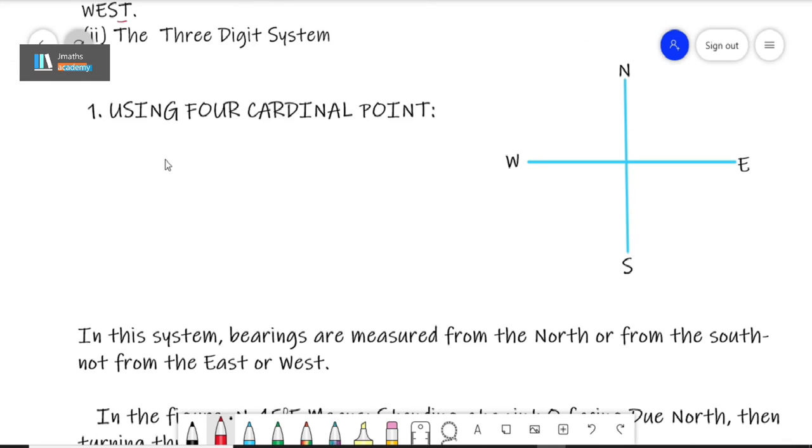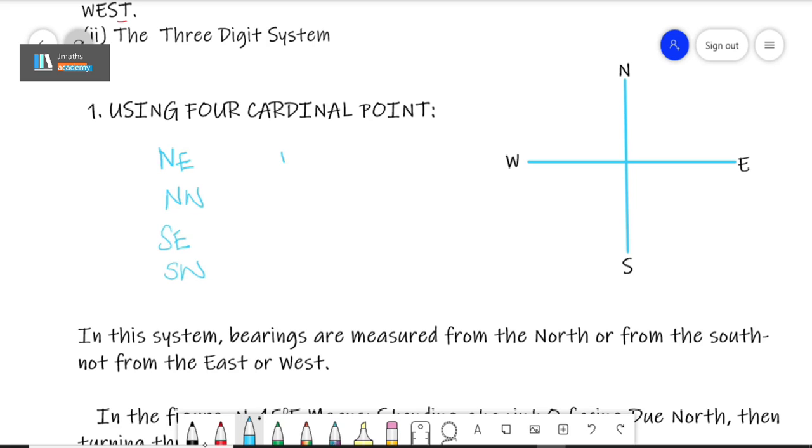Okay, earlier we said one of the ways of measuring bearing is by using 4 cardinal points. So we are told here that in this system, bearings are measured from the north or from the south, not from the east or west. Okay, so we are told here that bearing can be measured from the north and south, meaning it is possible for us to have northeast, northwest, southeast, and southwest.